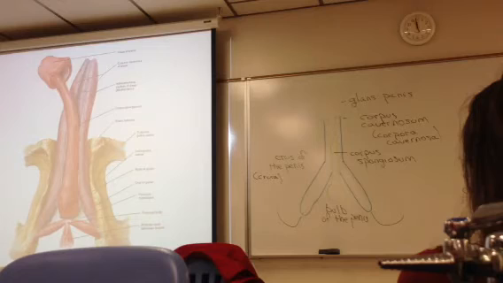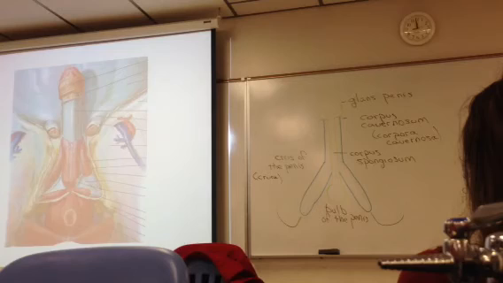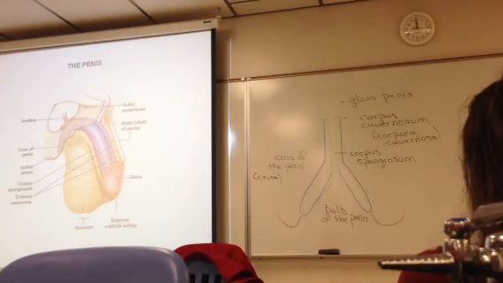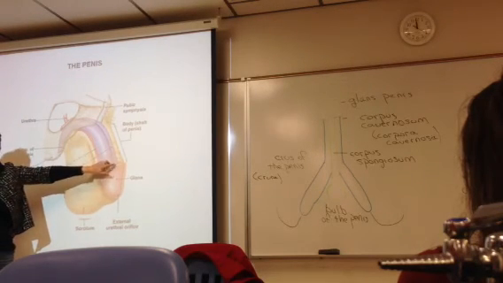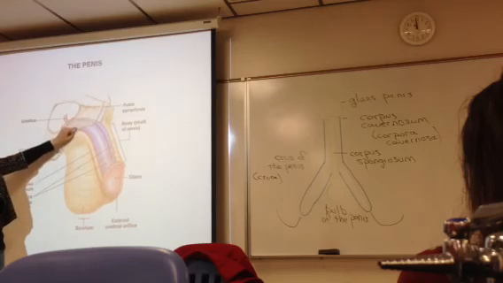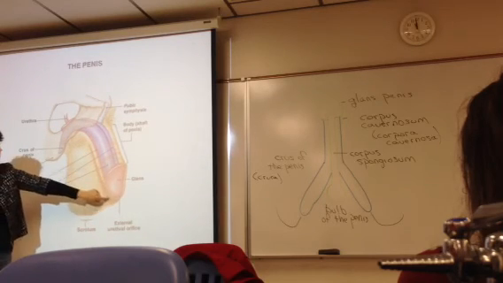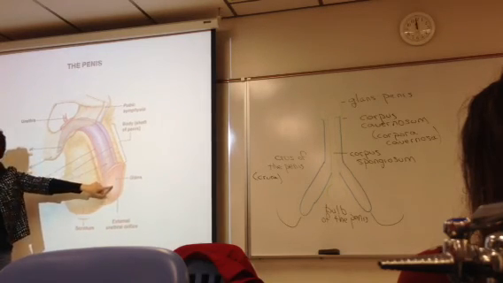That is what is visible if the prepuce or the foreskin is pulled back, all right, or is exposed if you had a male circumcision and the foreskin is cut. If you go back to this image here, we're seeing the crus, the two corpora cavernosa, the bulb, and the corpus spongiosum expanding to form the glans penis.